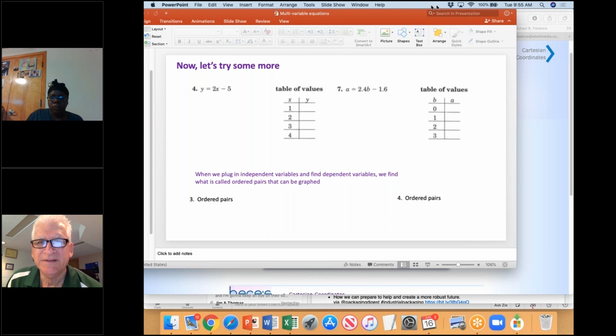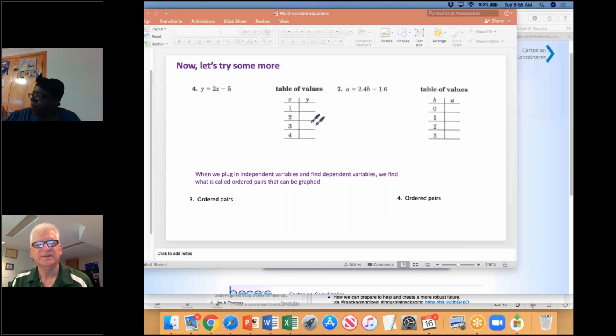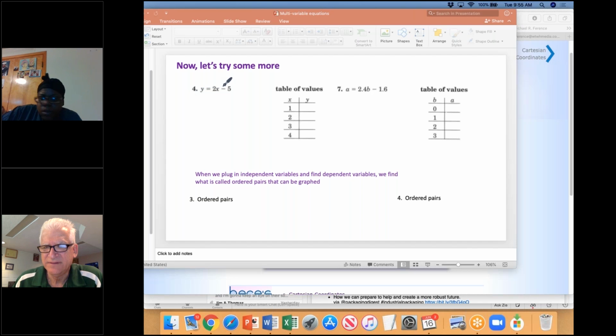Okay, so going back to getting my pen, this is a little more complicated than the previous one. We've got y equals 2x minus 5. I'm going to plug in the x values, which are given here in this table.